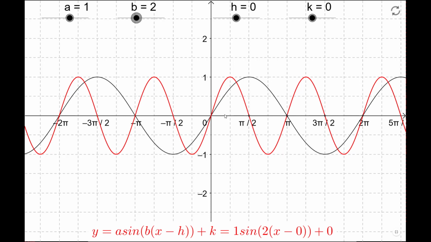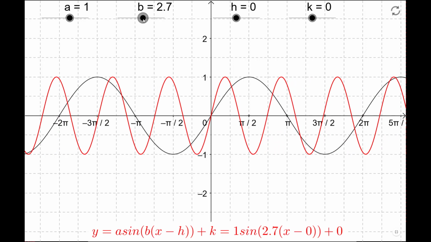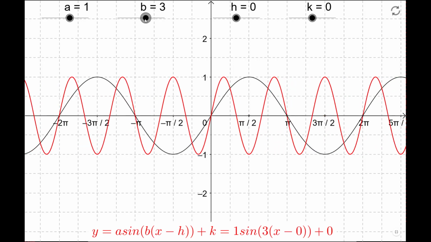If I go from 0 to 2 pi, I can do this complete loop, this complete cycle, twice. So it's making the graph shorter, not vertically, but horizontally shorter. What if we made B 3? How many times can I fit one loop between 0 and 2 pi?